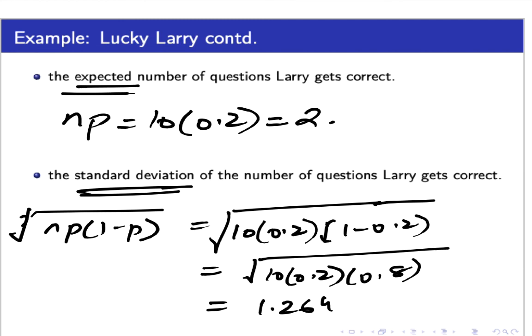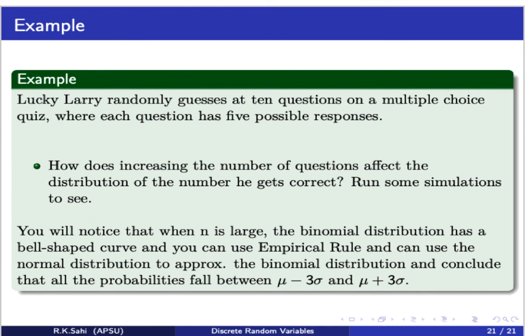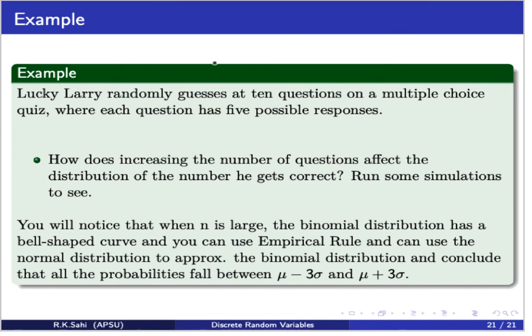Now, there's a relationship between the binomial distributions and a normal distribution. What it simply says is that here the questions were 10, but suppose we had 100 questions. Sometimes you have exams which are longer, and every question has 5 possible choices.